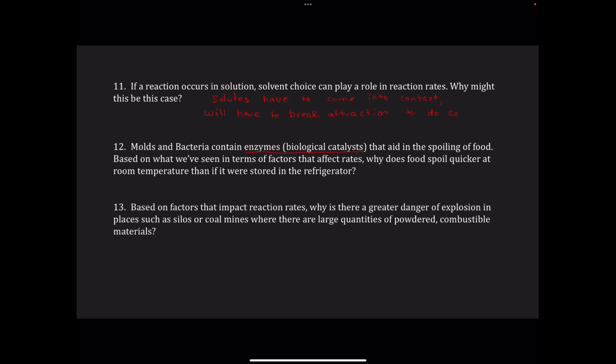So if we think about room temperature versus refrigerator, we're talking about a temperature difference. We said that higher temperatures were going to result in increased rates. So if we leave that food sitting in room temperature, the higher temperature than the refrigerator, it is going to allow those enzymes to work even faster, causing that food to spoil more quickly.